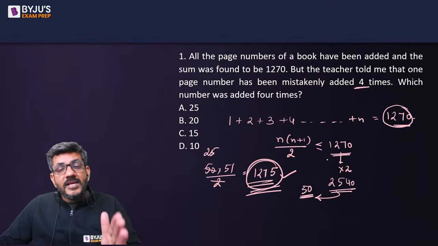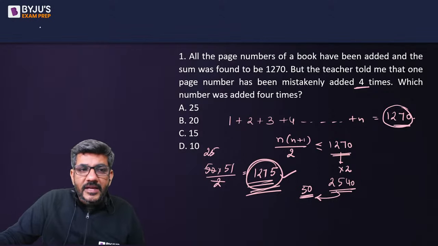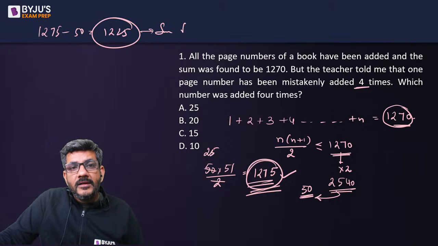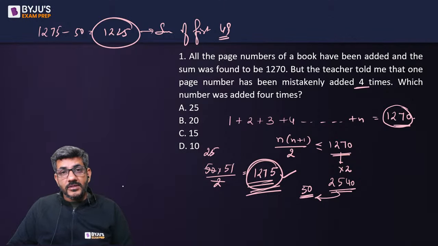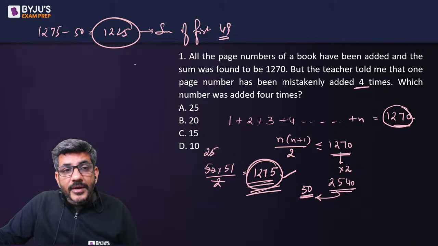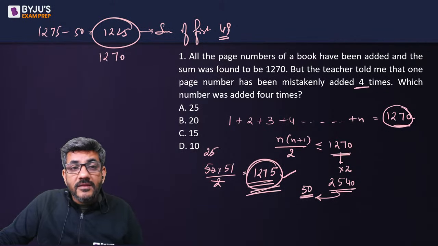इसका मतलब 50 numbers में से if I take out 50, I will get the sum of first 49 natural numbers. The sum of first 49 natural numbers should be 1225. I have got the sum as 1270. How much more is that? 45.